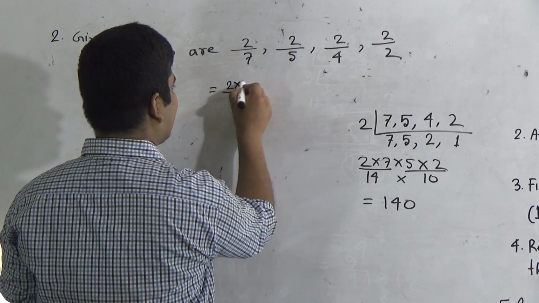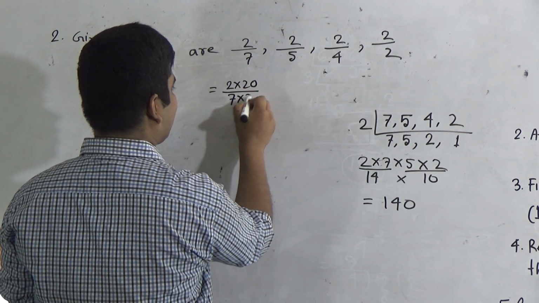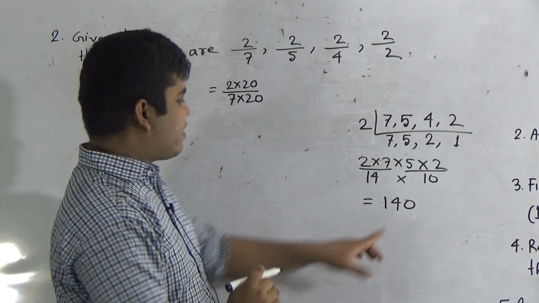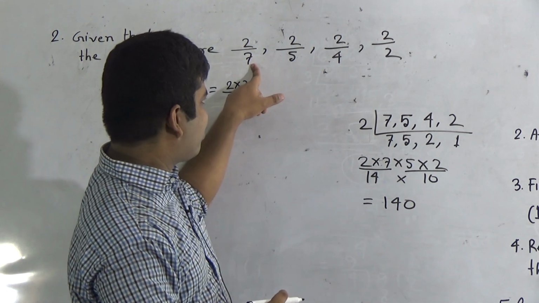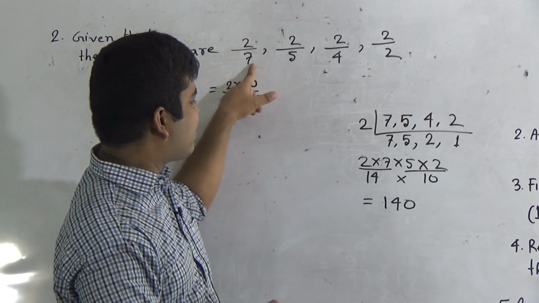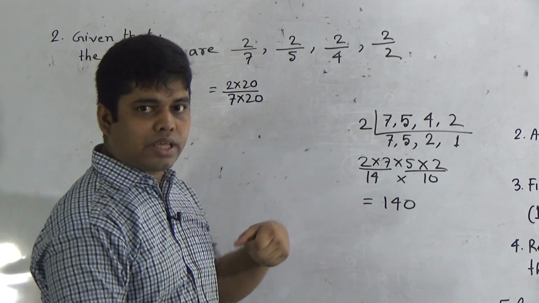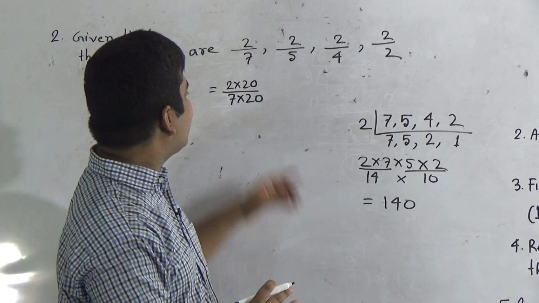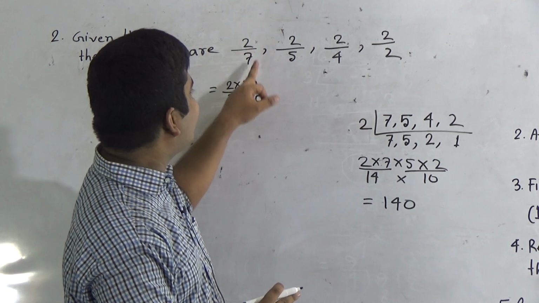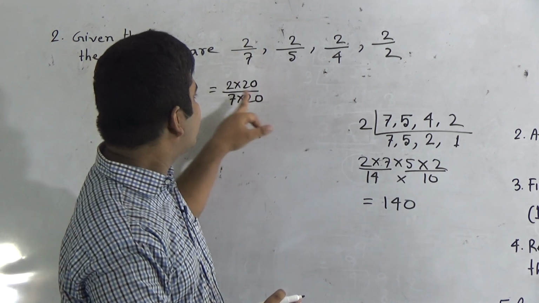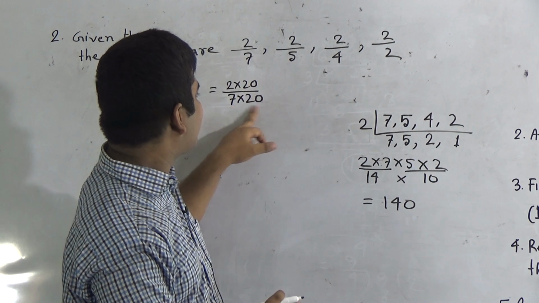So 2 multiply 20, 7 multiply 20. I repeat, we divide this LCM by the denominator of the first fraction, which is 7. So if we divide 140 by 7, then we get 20. That 20 is multiplied with both numerator and denominator. So 2 multiply 20, 7 multiply 20.